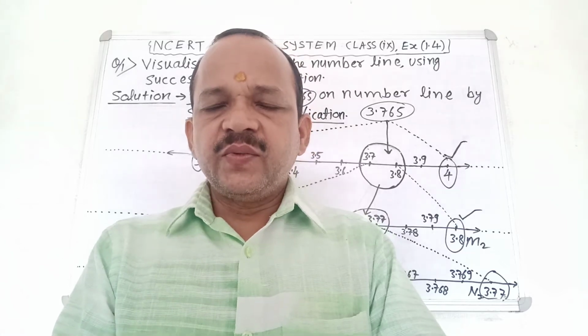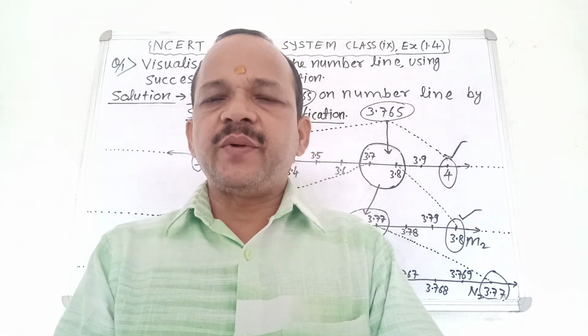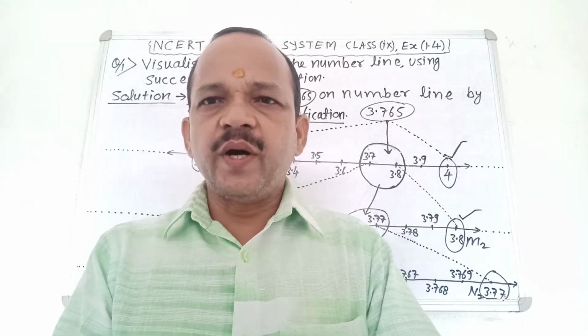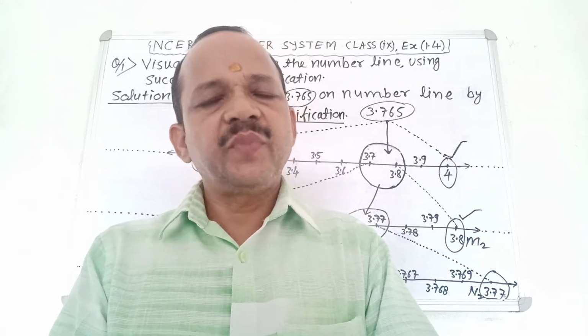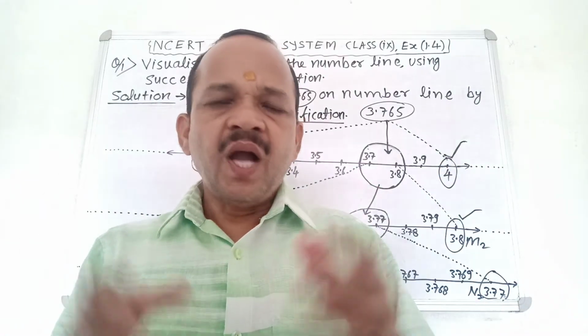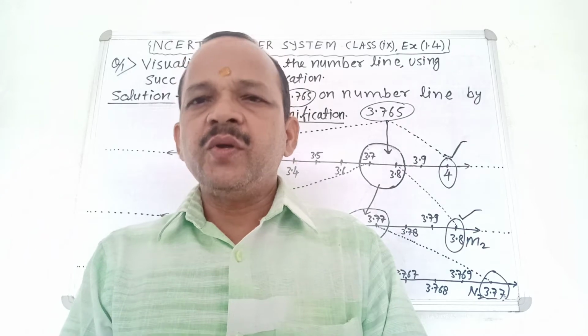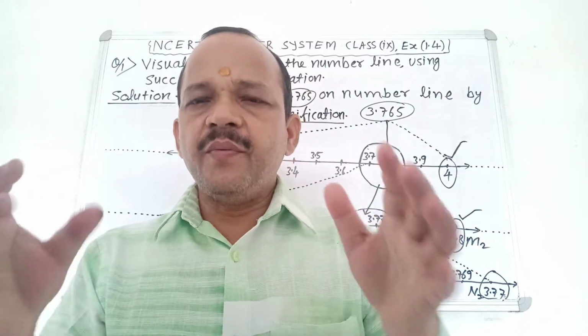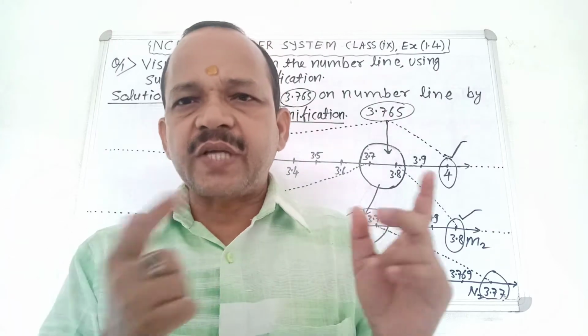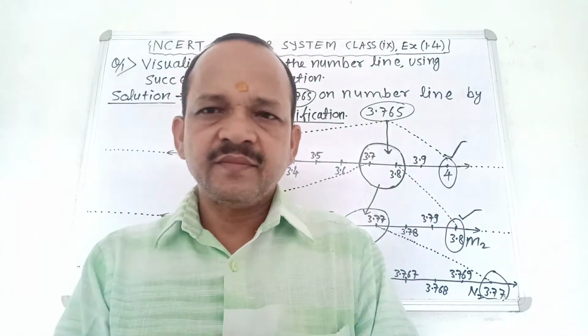Good morning class. Today I want to describe the number system for class 9th, exercise 1.4, question number first. Concentrate your mind and listen to my words. I want to describe the visualization of 3.765 on the number line with successive magnification.